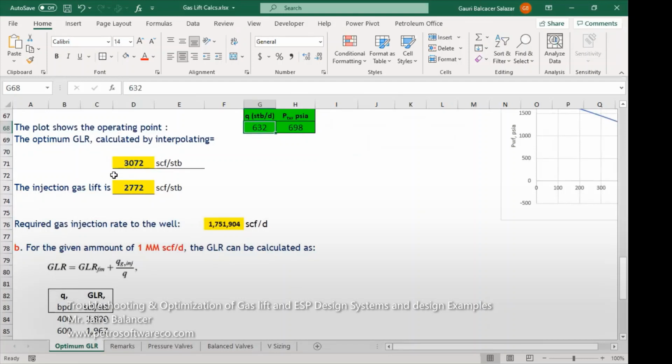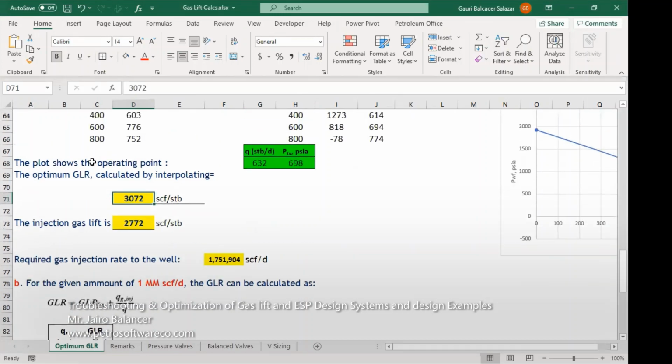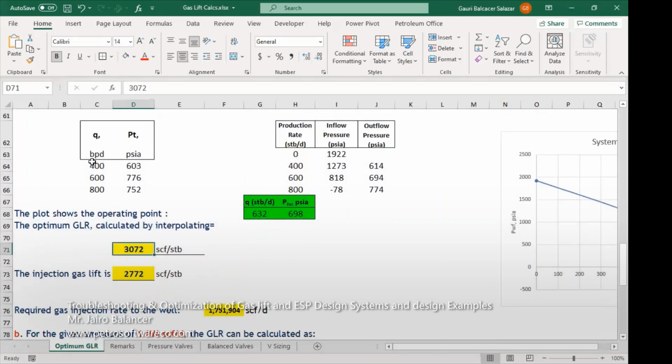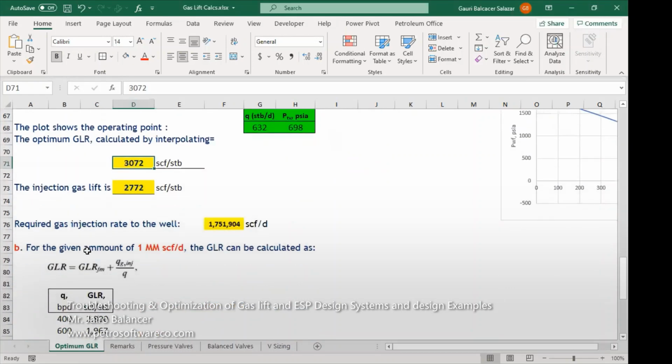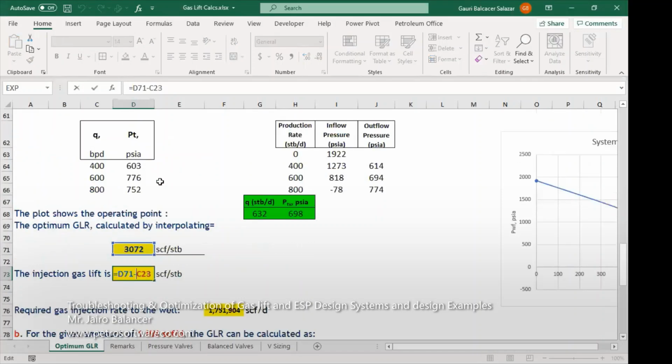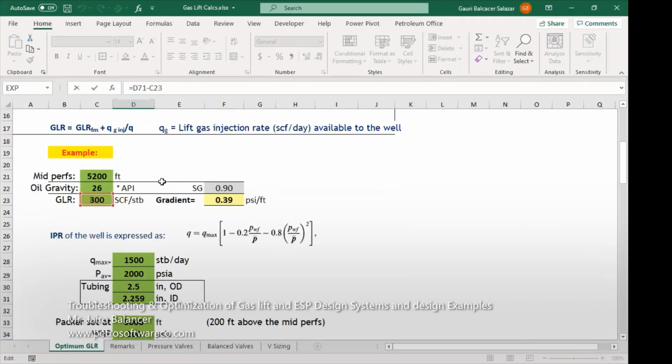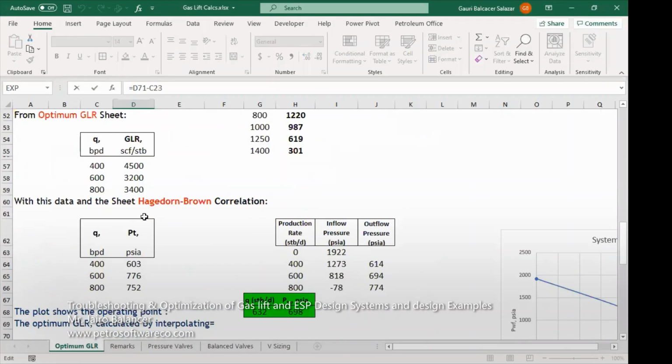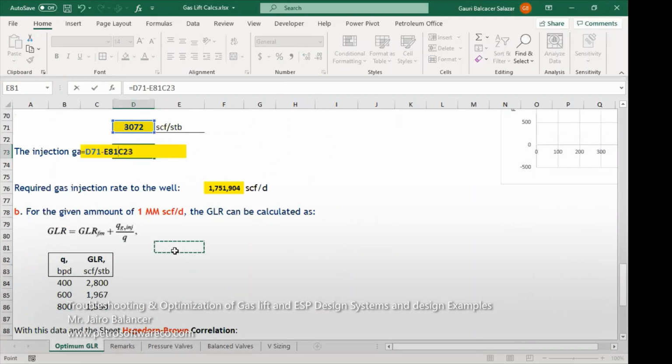And for the injection gas lift, this is the optimum gas lift calculated by interpolation, based on this amount, 3072. This is the gas lift ratio at surface. So the injection gas lift in this case is the difference between 3072 and the gas lift ratio right here, the data given, which is from the well.